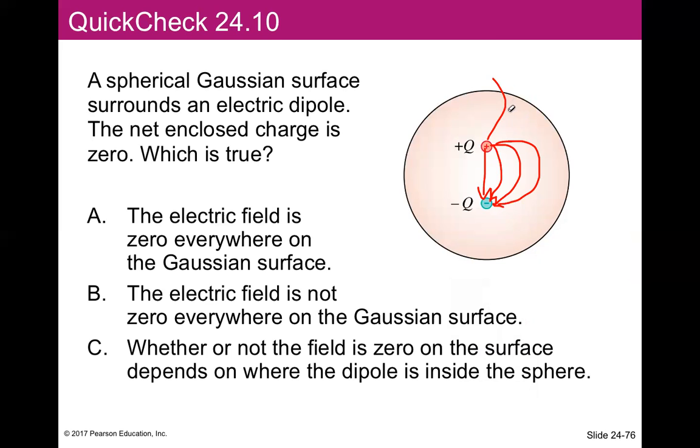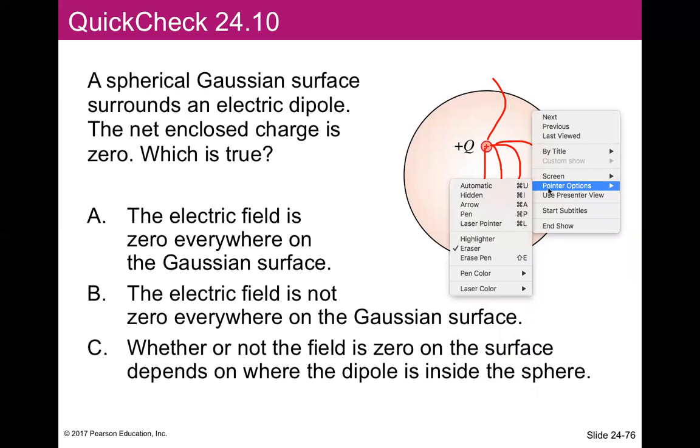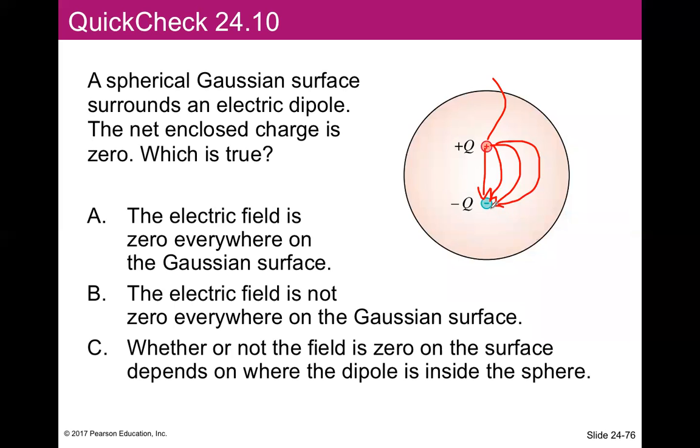Because of the curvature. Because the curvature should be in this way, rather than in that way. So ignore the wrong field lines. It should be something like that.